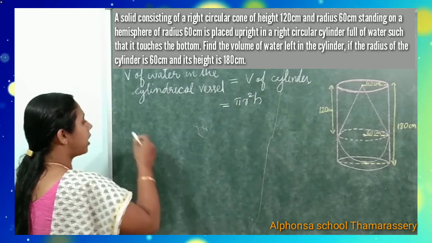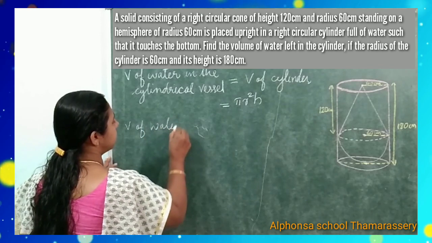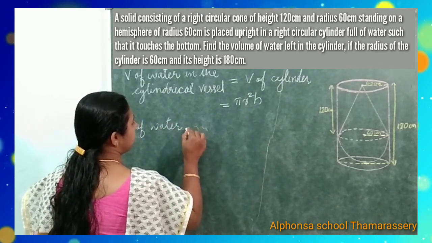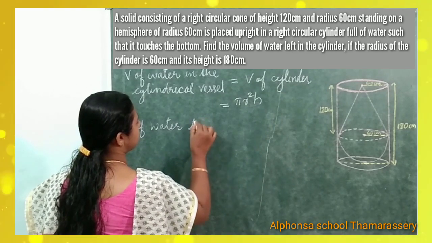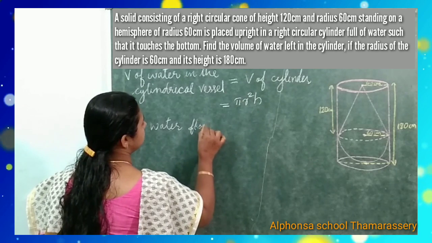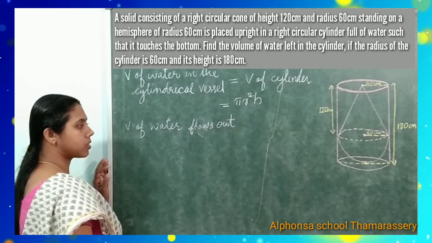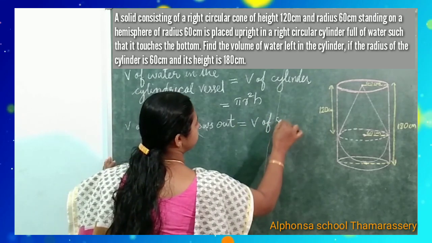Now we can find the volume of water that flows out. Volume of water flows out will be equal to the volume of solid.